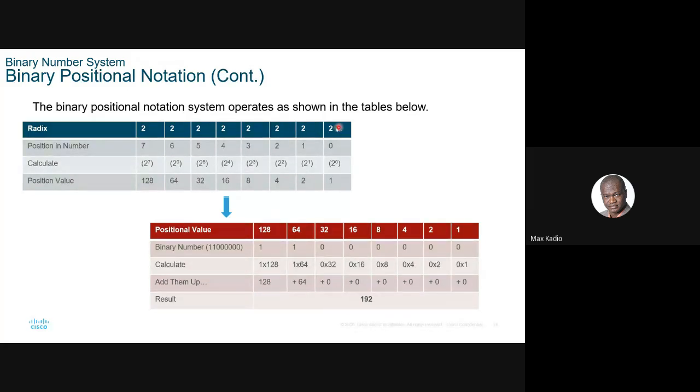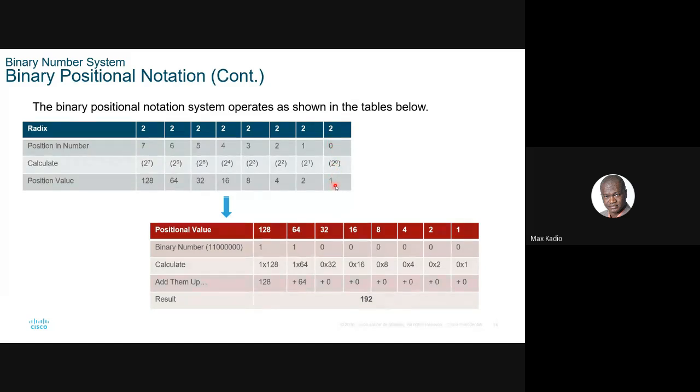You can write all your numbers here, and we have what you call positions. 2 to the power of 0, you see here. So you have your radix here, your positions. You start from right to left. So the first one is position 0, position 1, 2, 3, 4, 5, 6, 7. Then 2 to the power of 0 is 1.